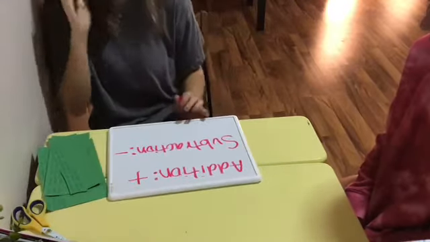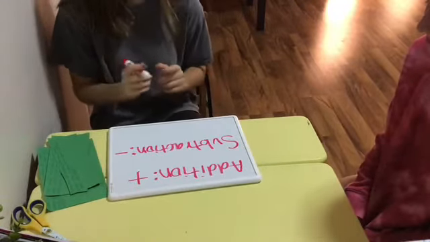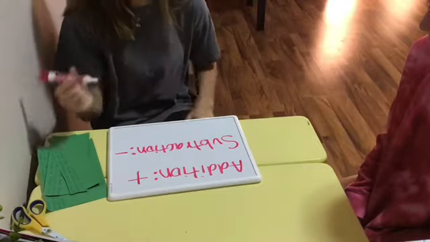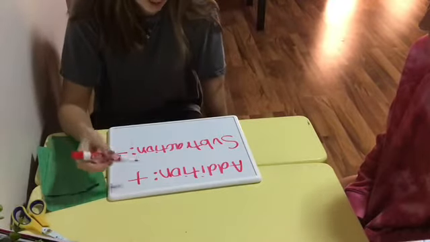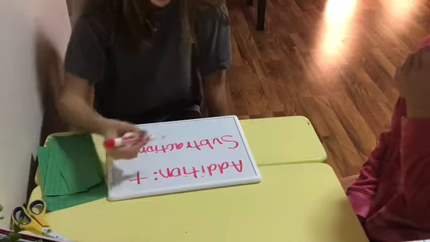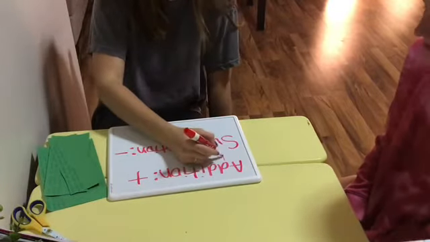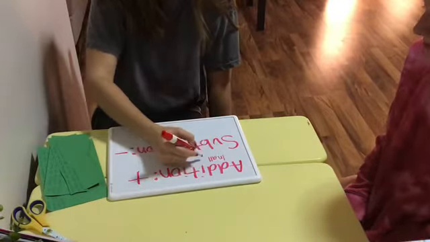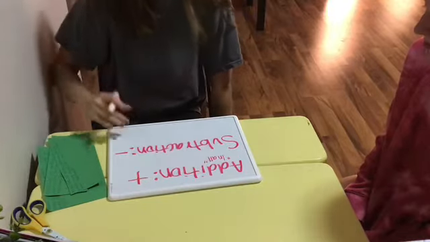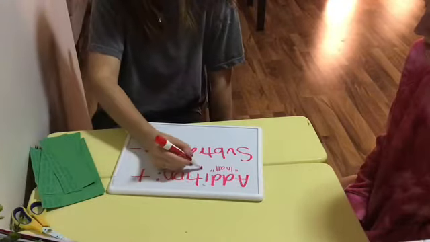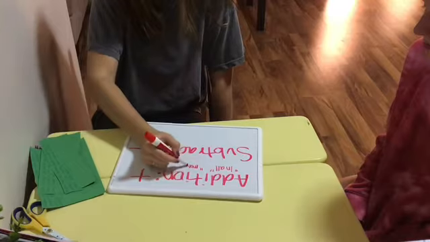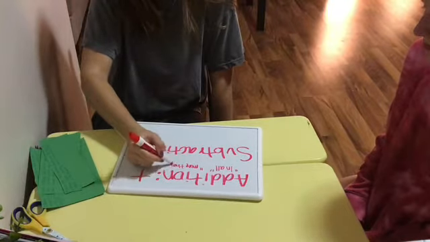Okay, so some key words that you see in a word problem that tell you what operation to use. For addition, you can see words like in all, and that will tell you to use addition. You can see words like more than, and that will tell you to use addition.